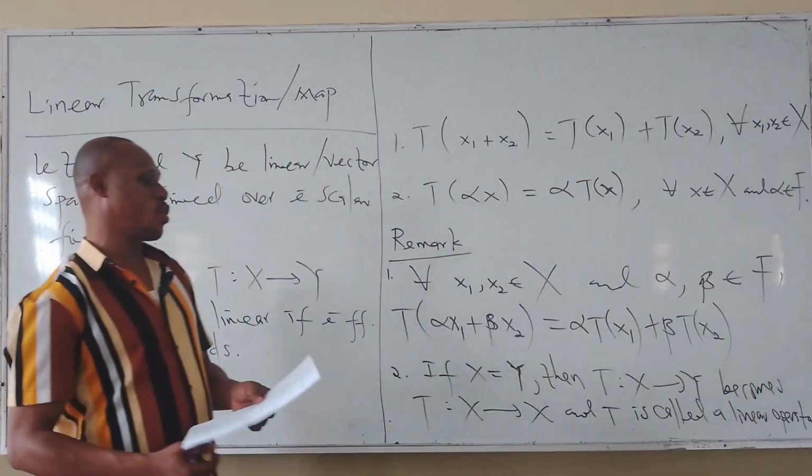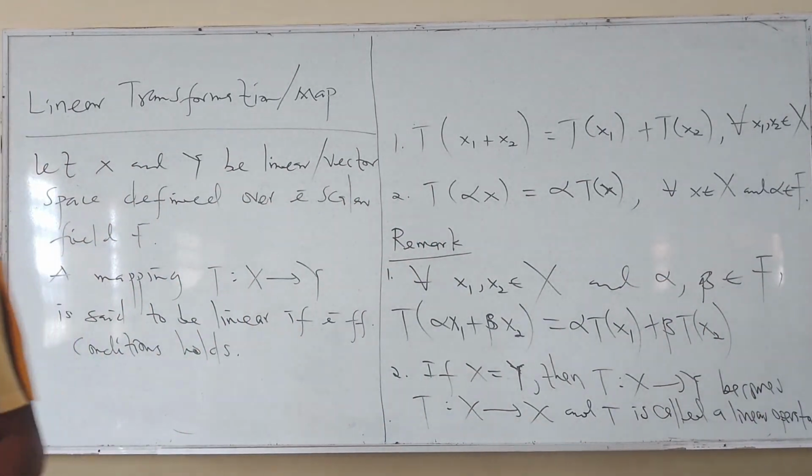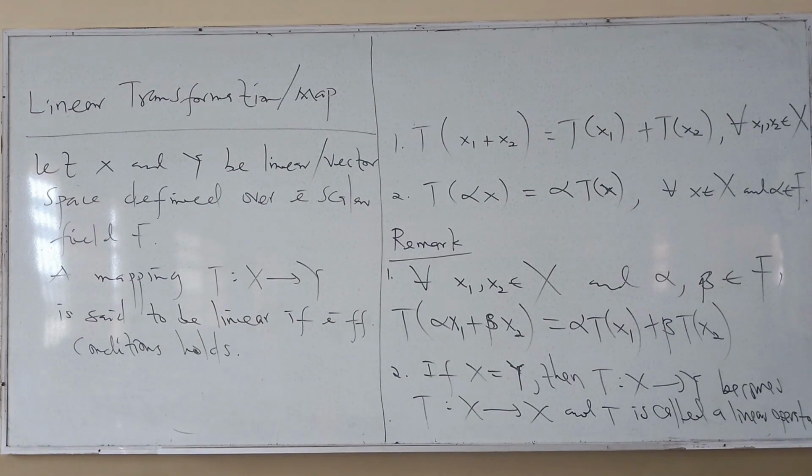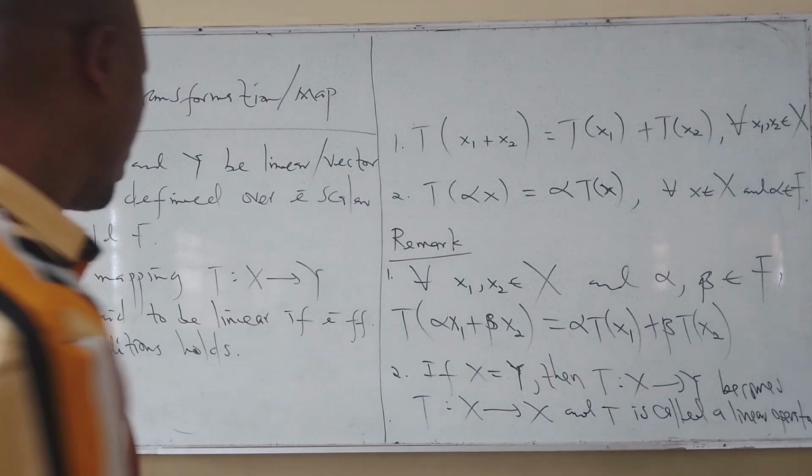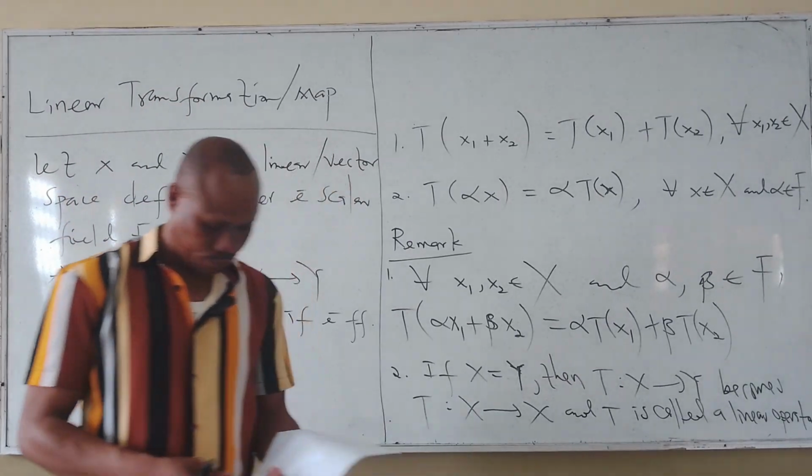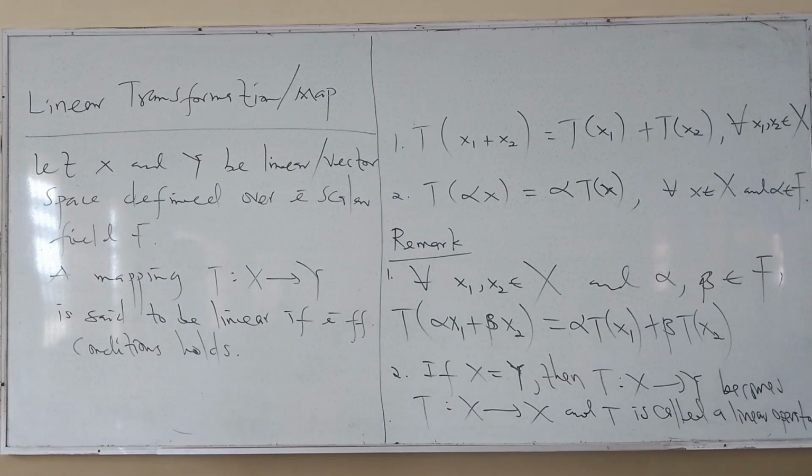So if X equals Y, you don't call it a linear map or linear transformation, you call it a linear operator. Are you okay?